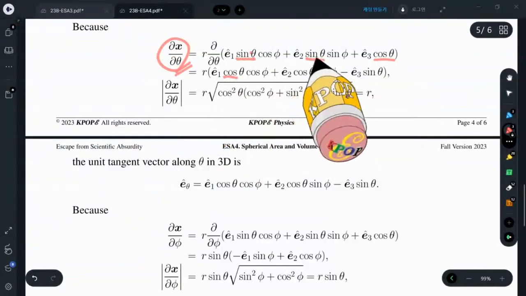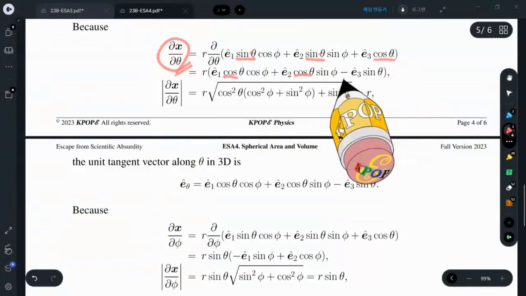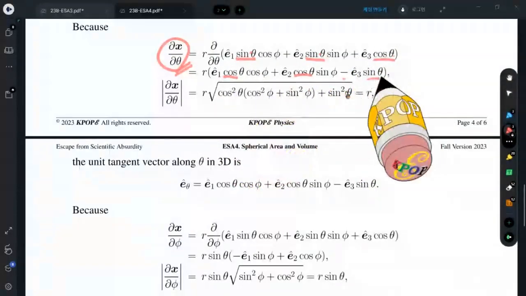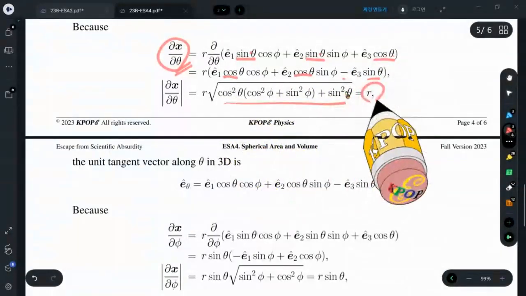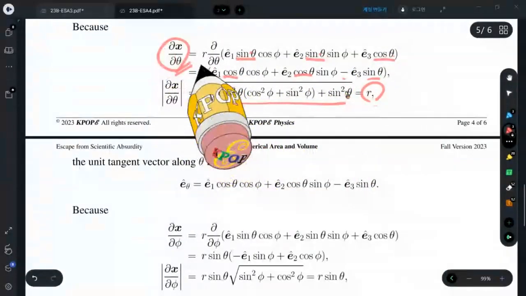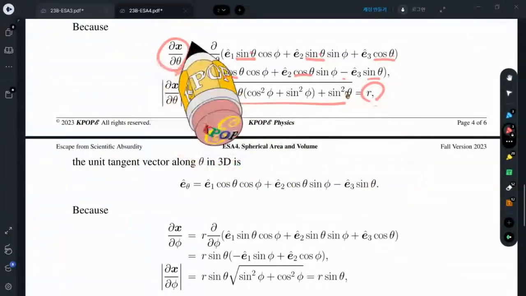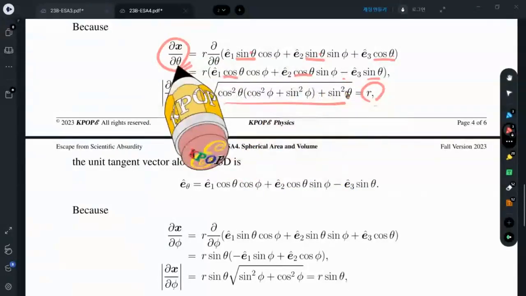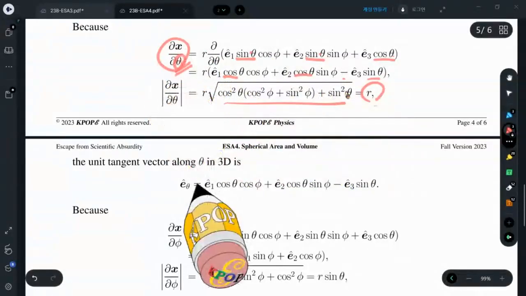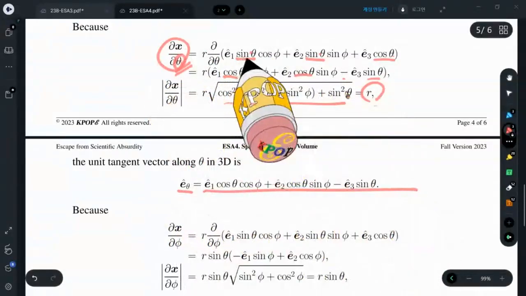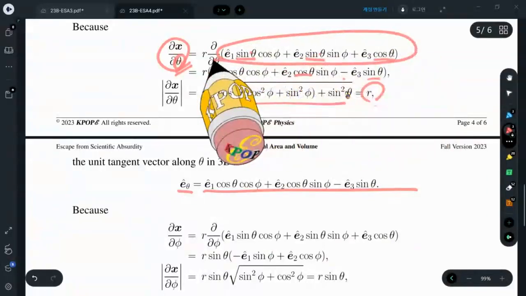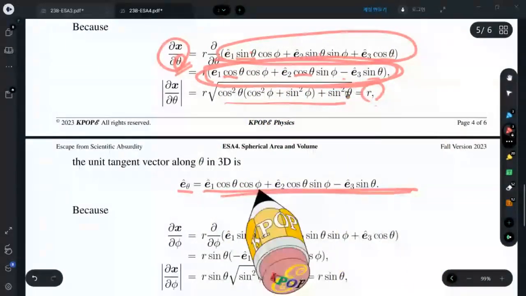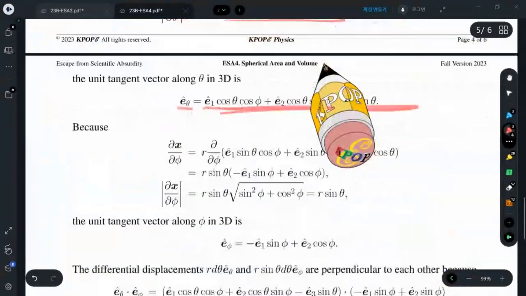So sine becomes cosine, sine becomes cosine, cosine becomes minus sine. And again, square, square, square, the sum is r, so the magnitude of this is r. Dividing this by its magnitude, you will find the unit vector along the angle theta. So just pull out this contribution. This is the unit vector along theta.